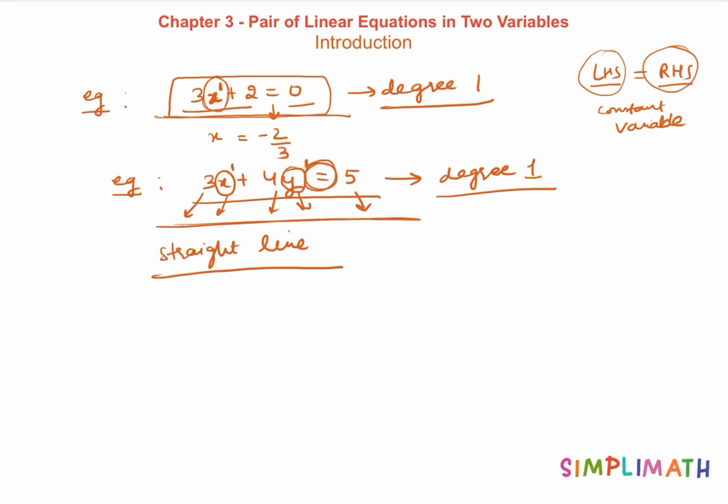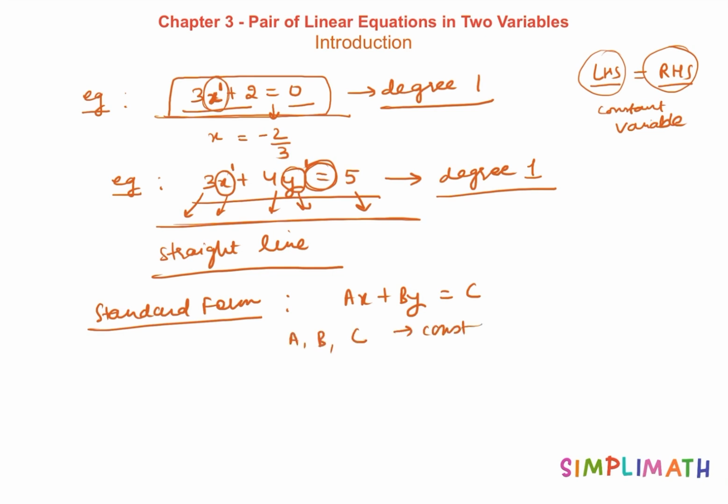All right, and the standard form of representing linear equation in two variables is of the form ax plus by equals c, where a, b and c are constant terms and x and y are variables, right? And also note that the power of x and y is 1 over here. So it is a linear equation in two variables.